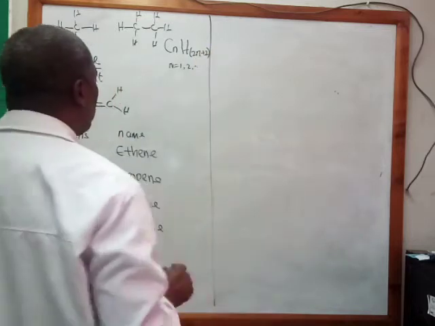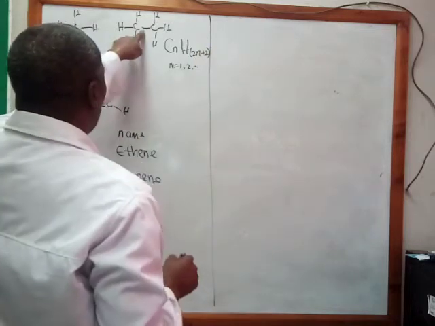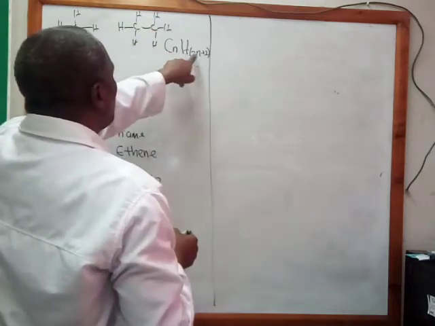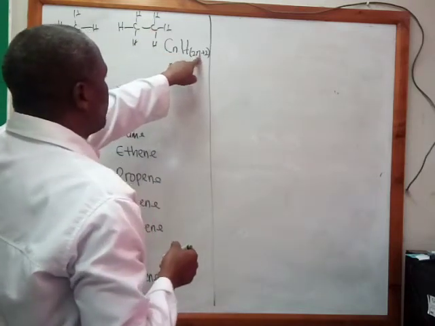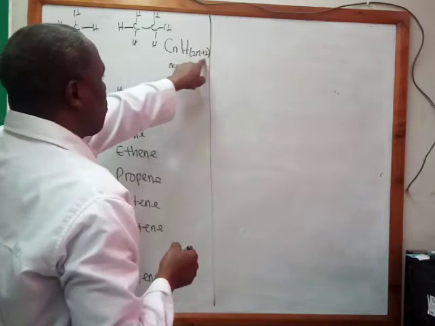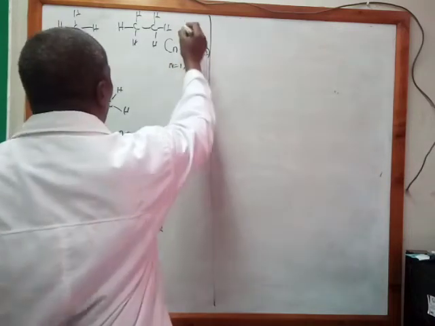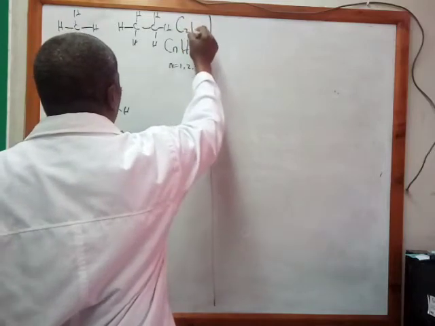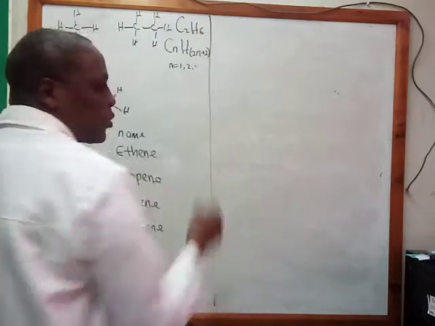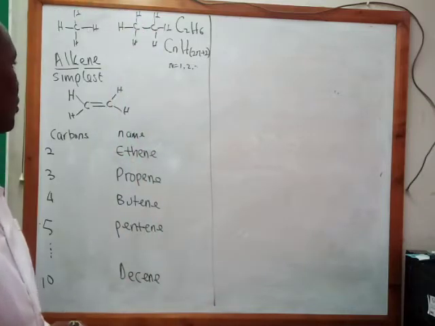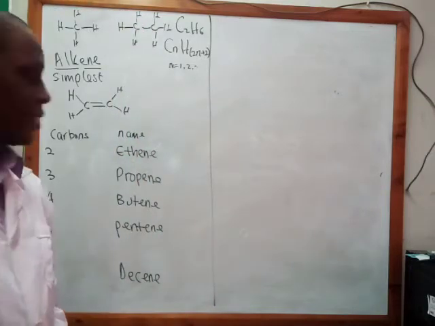In this case it has 2 carbon atoms, so n will be 2, so the number of hydrogen atoms will be 2 times 2 plus 2, that is 4 plus 2, that is 6. So this will be C2H6. And that applies to all the alkanes.